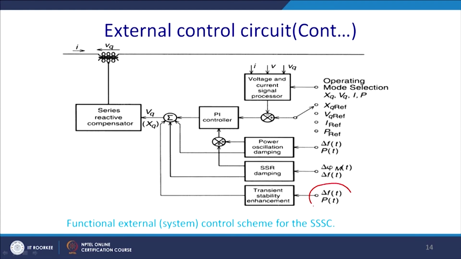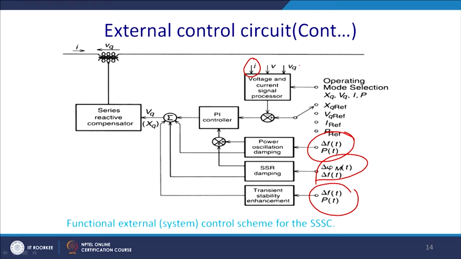This is for the transient stability, this is for the subsynchronous oscillation, this is for the power frequency oscillation damping. And this is the modus operandi of different modes of operation. So, this is the overall external control circuit for any kind of series compensator. Ultimately, you have V, I and VQ, and from there you will process the data you require to compare.